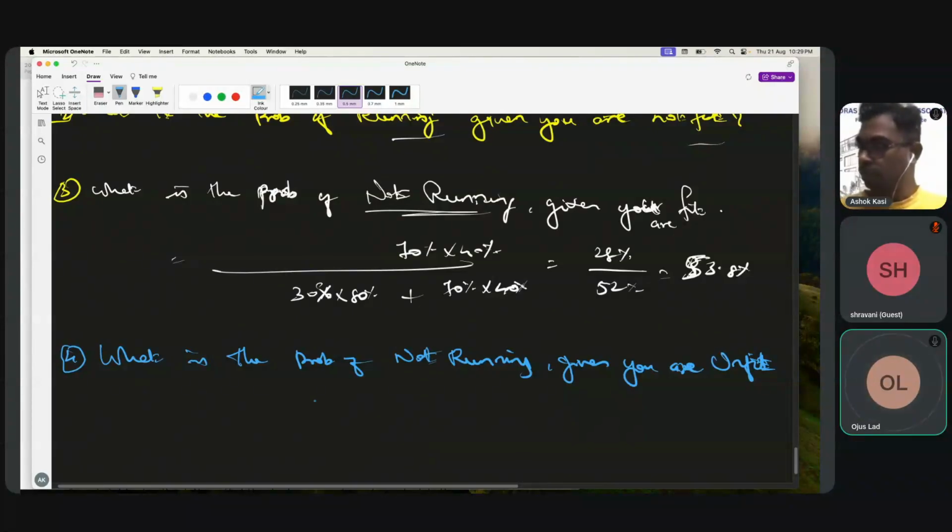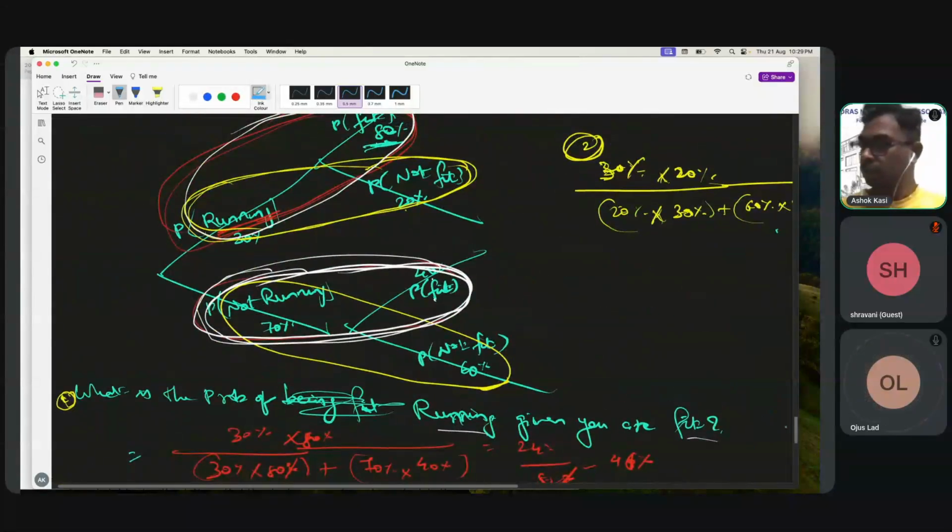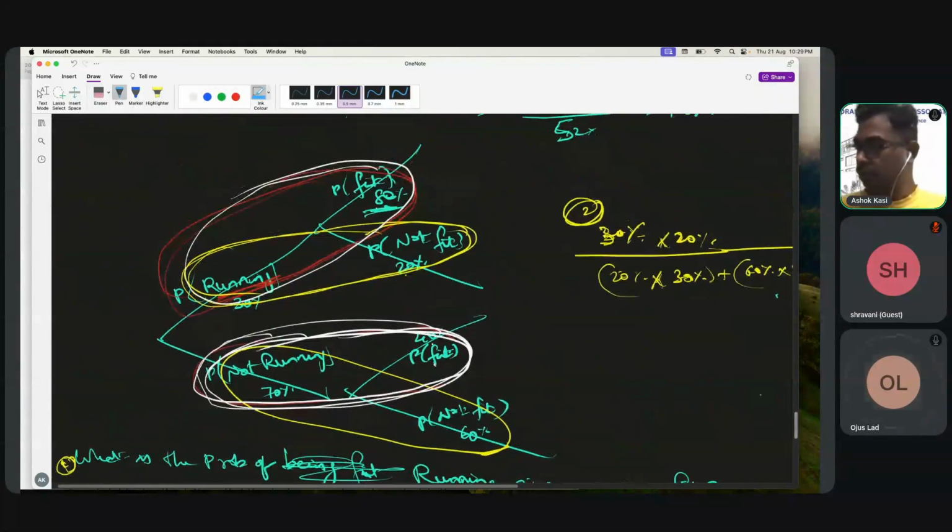So given you are unfit, unfit is the unconditional. So unfit means I will take this one and this one.